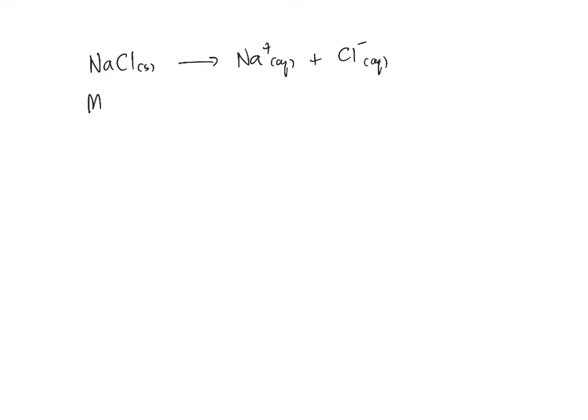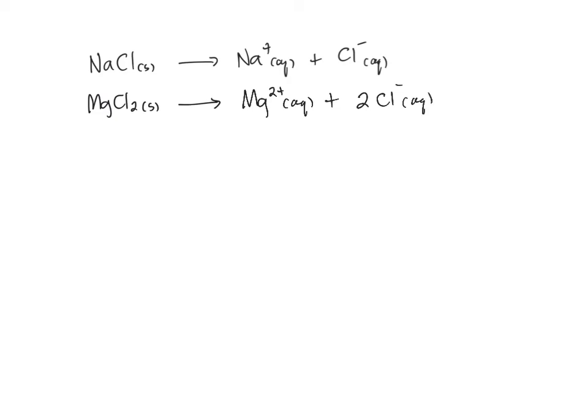How about if we have magnesium chloride? Remember here, it's going to be a little different. Why? Because magnesium chloride has two chloride ions. And so it will dissociate into magnesium 2 plus and 2 chloride ions.